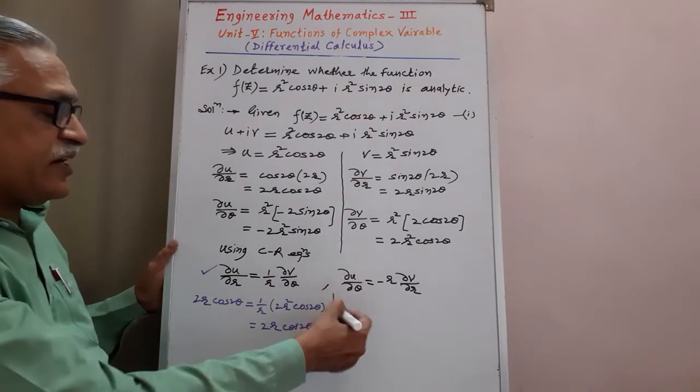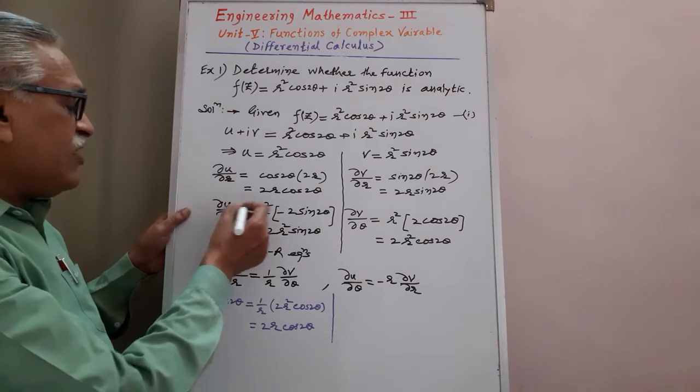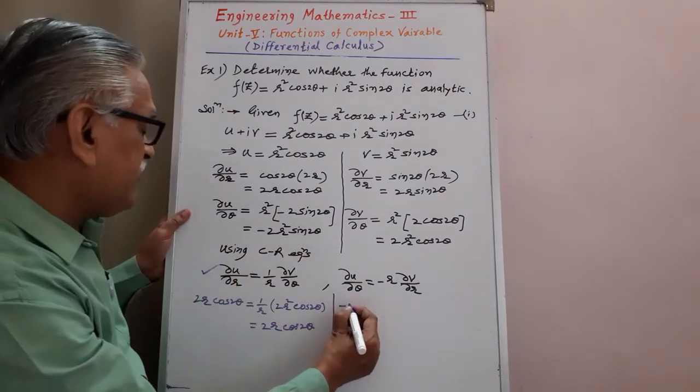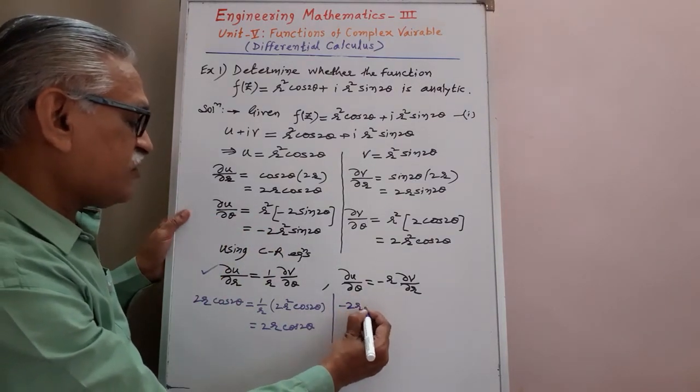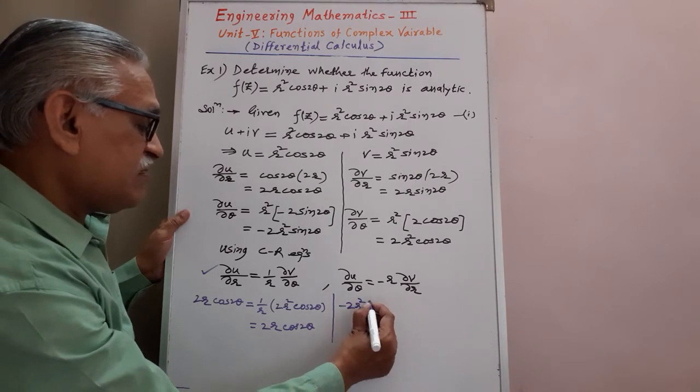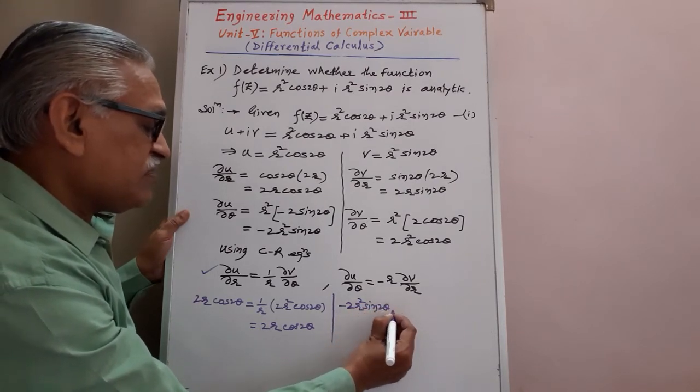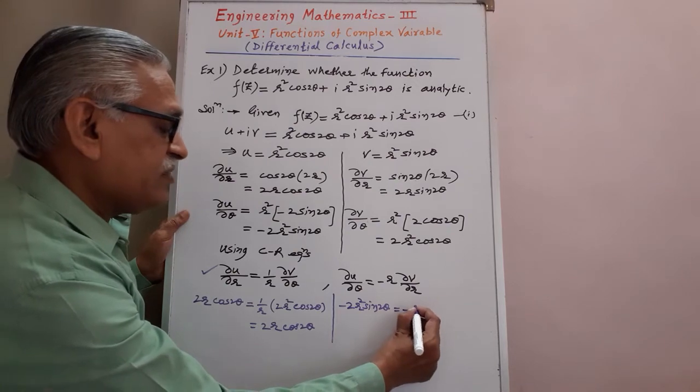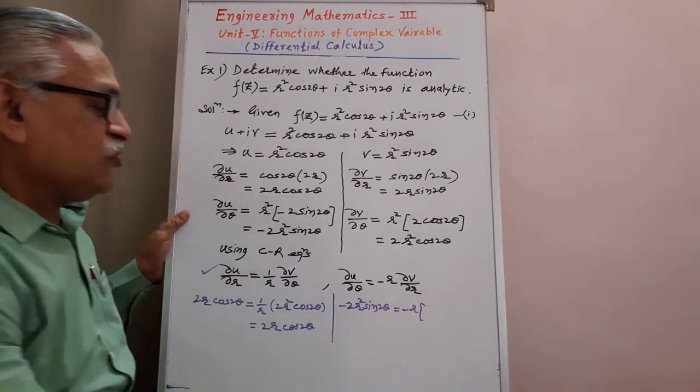Then we go for the second condition, dou u by dou theta. The value of dou u by dou theta is minus 2r square sine of 2 theta, which is equal to minus r times dou v by dou r.